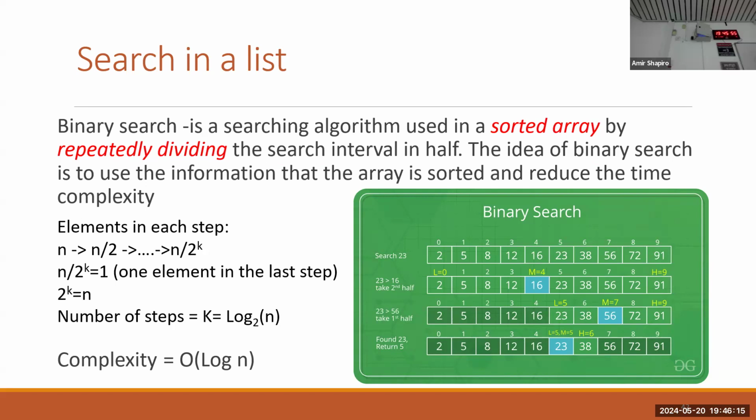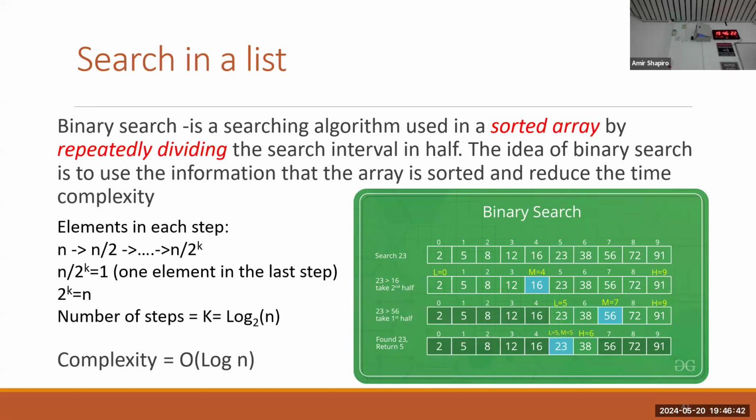I go here, 56 is larger than 23 that I'm looking for. So I can throw away the rest of the list, the right side. And now I'm left with 38 and 16. 16 I already saw, so it's only 23.